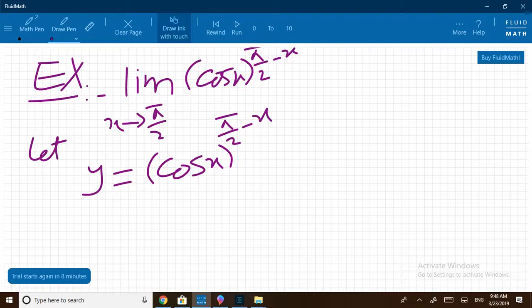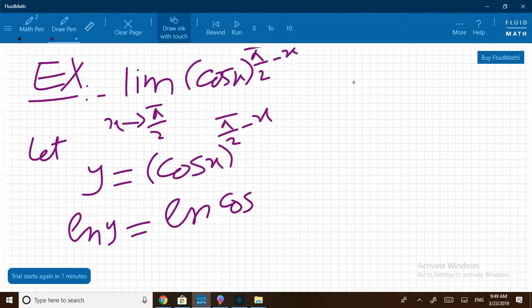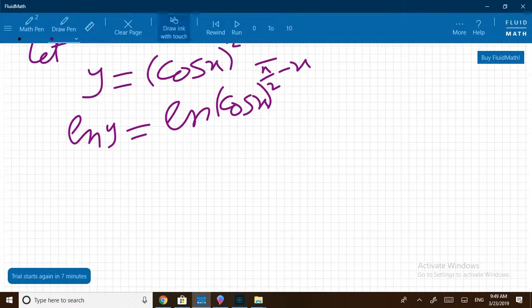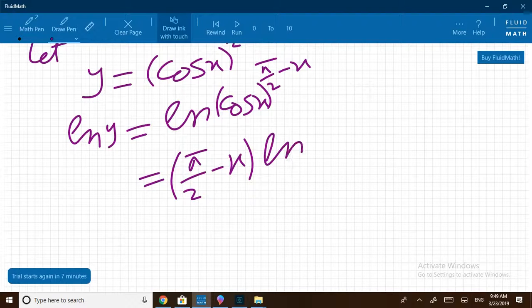After taking the natural log, we get (pi by 2 minus x) natural log of y, and by the property of log we can write pi by 2 minus x before the natural log of cos x.